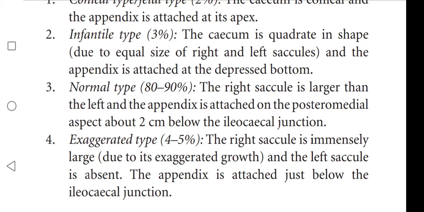Remember guys, it is right, not left. The appendix is attached on the posterior medial aspect. Posterior means back, medial means medial side, about 2 centimeters below the ileocecal junction.